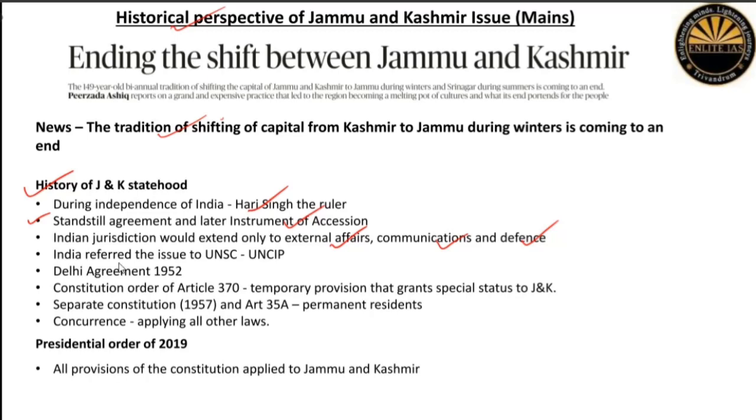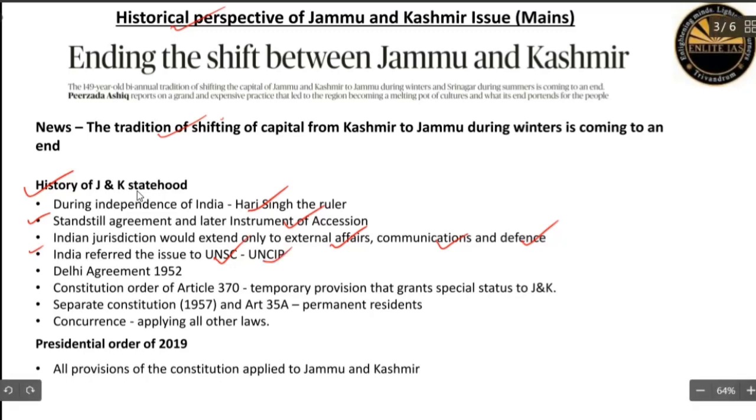However, after instrument of accession, India airlifted soldiers and fought off Pakistani soldiers and Pashtun tribals in northern Kashmir area, enforced a ceasefire, and India referred the issue to UNSC for their consideration, hoping that UNSC would reinstate Kashmir to India.